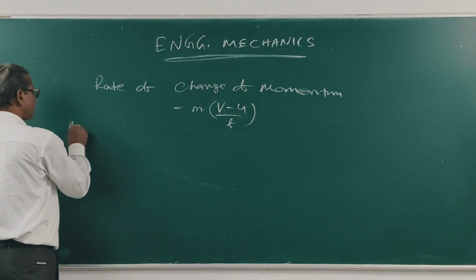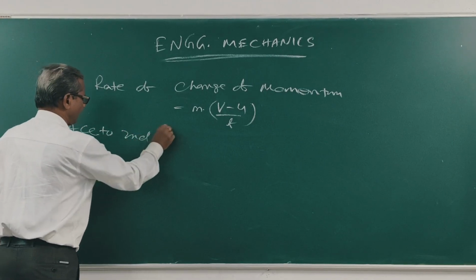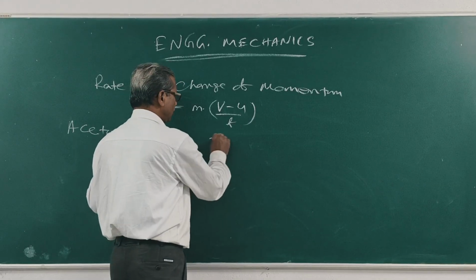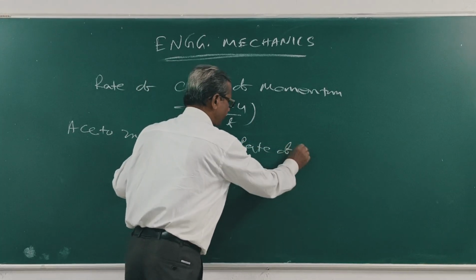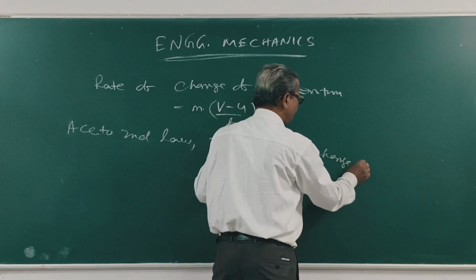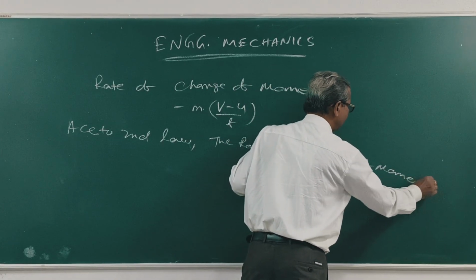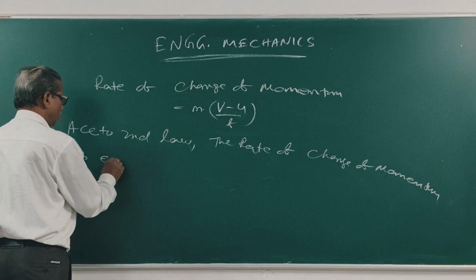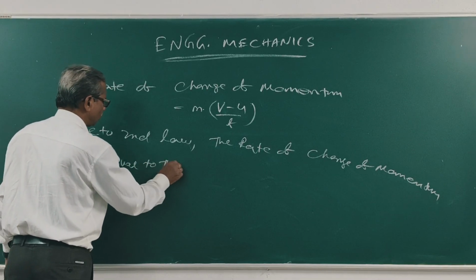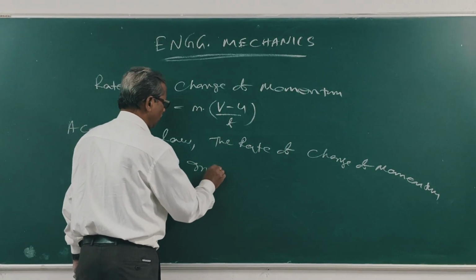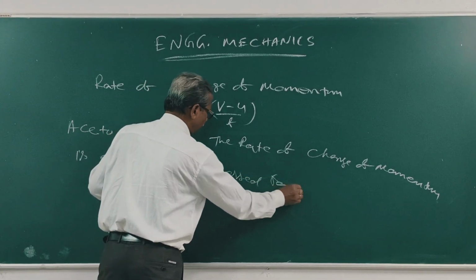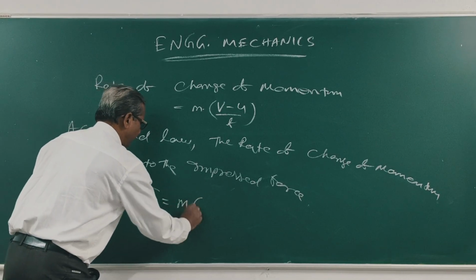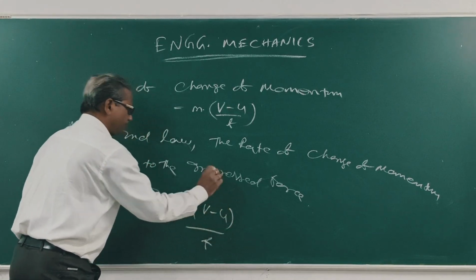According to the second law, the rate of change of momentum is equal to the impulsive force. That is, F is equal to M into (V minus U) by T.